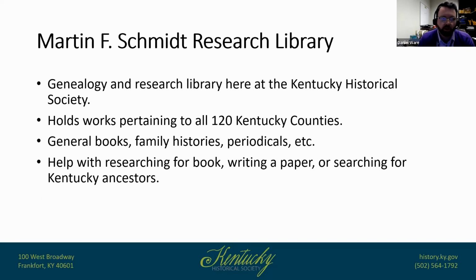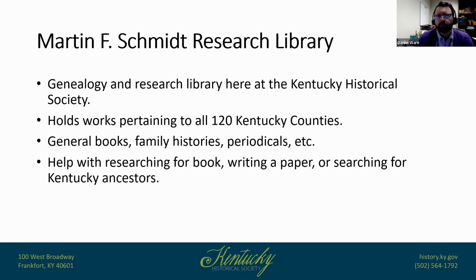And so, the Martin F. Schmidt Research Library is where you come to do your genealogy research here at the Kentucky Historical Society. We do hold works pertaining to all 120 counties of Kentucky. We've got things such as general history books, books about art, architecture, religion, some of the stuff you might find in libraries in general.